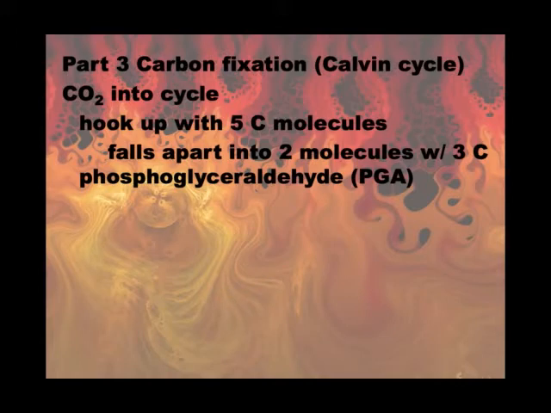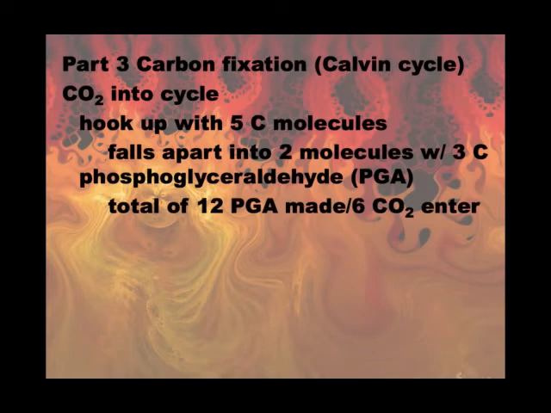We added another carbon, so that's 6 carbons. That molecule falls apart into 2 3-carbon molecules of phosphoglyceraldehyde, or PGA. Just remember that the carbon dioxide with the 5 that's already in the cycle makes a 6-carbon thing, which falls apart into 2 3-carbon things. So all of our carbons are accounted for.